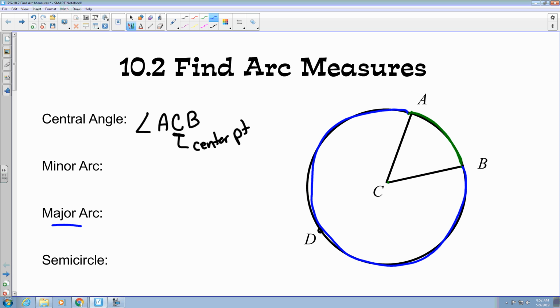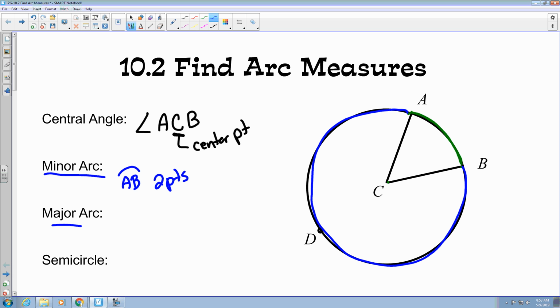So when you have endpoints, it gets broken up into two parts. It's either the major arc or the minor arc. When you are talking about the minor arc, you only have to use the two endpoints to call it by name. So in this case, it's arc AB, and you put the little curve on the top to let you know that it's the arc. You only need 2 points to establish the name of the minor arc.